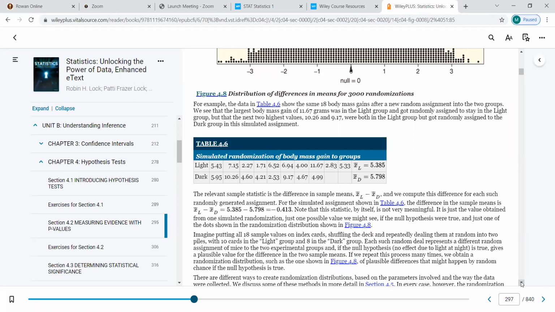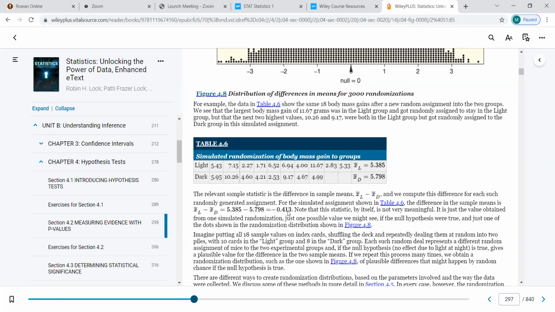By the way, if somebody else did another sample, they would come up with different numbers. In this case, notice that the mean of the dark group is actually higher than the mean of the light group in this particular sample. If we took the difference between the two, it's actually negative.